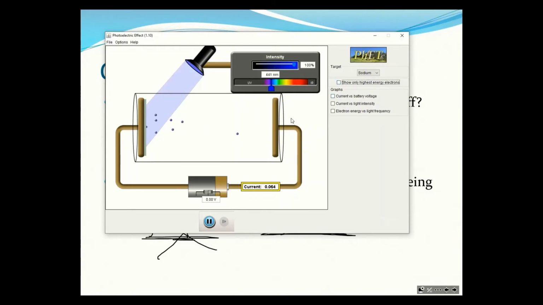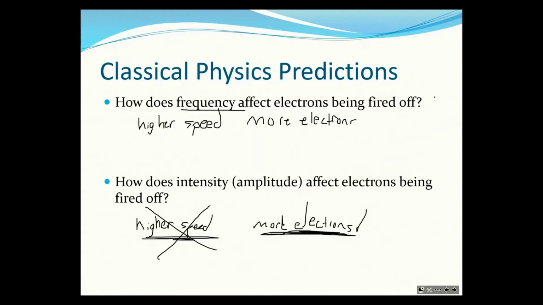I only showed the highest energy one so we can really see that. So when I go higher frequency, now we can see all the electrons. Higher frequency, they're going faster. Lower frequency, going slower. But the number of electrons isn't really changing, and that's what we predicted, right?